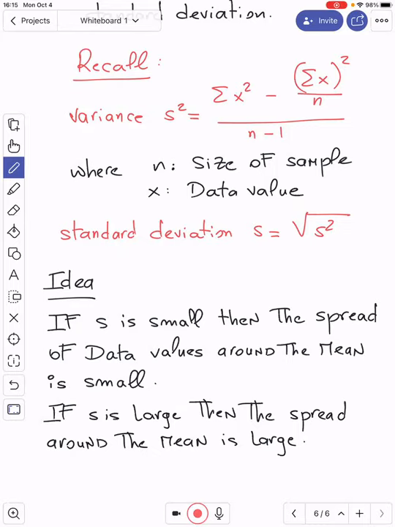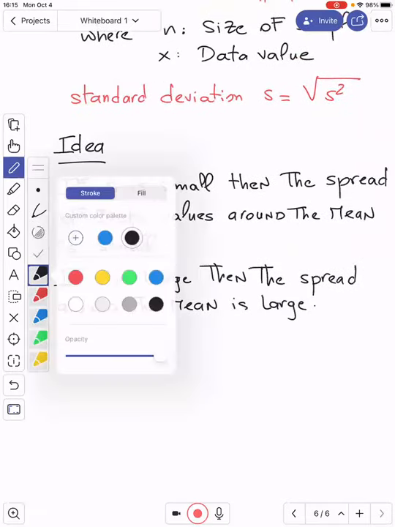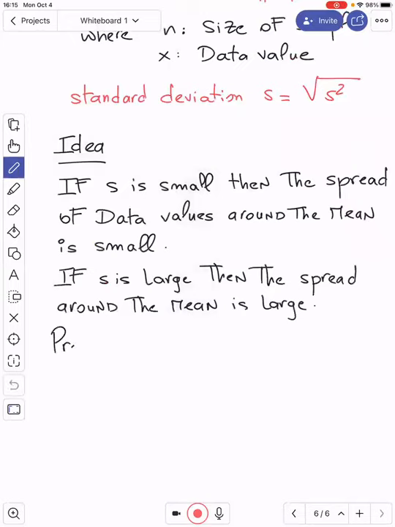So as I said last week, there is a problem with the standard deviation or the variance.